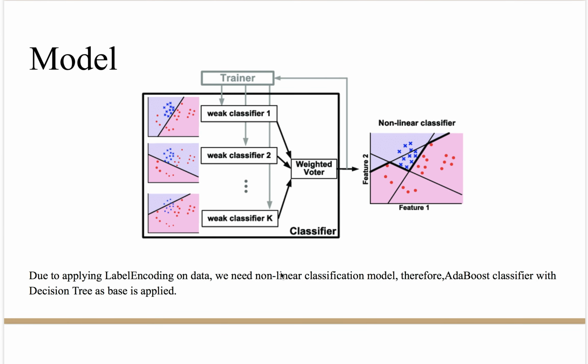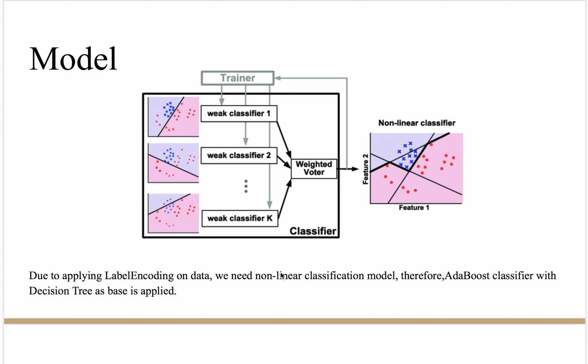For our modeling, because we have label encoding on our data, we need to use nonlinear classification. So we apply an AdaBoost classifier with a decision tree as the base for this classifier. This type of classifier has several weak classifiers, and the combination of all of them gives us the final weight and the final results.